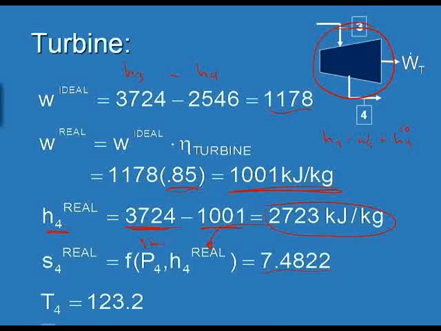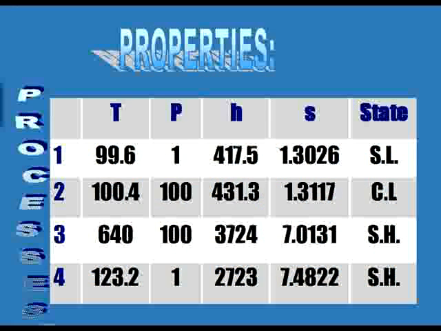And using also T4 as a function of P4 and H4, we find that T is equal to 123.2 degrees centigrade. Slightly superheated coming out of the turbine.